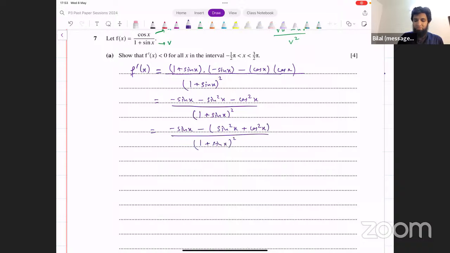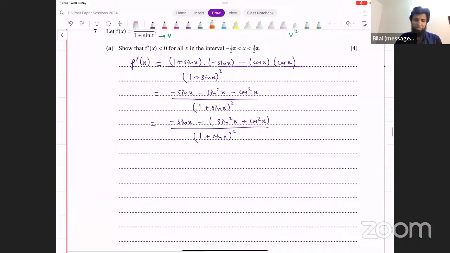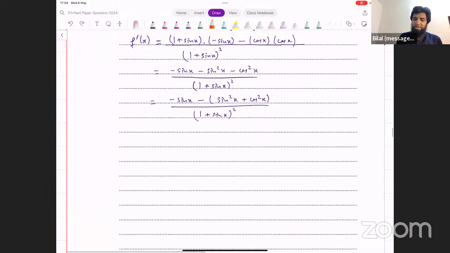Sine square x plus cos square x is equal to 1. Remember, the denominator is not 1, it's just sine square plus cos square that is 1. This becomes 1 now. We can write this as minus sine x minus 1 divided by 1 plus sine of x whole squared.